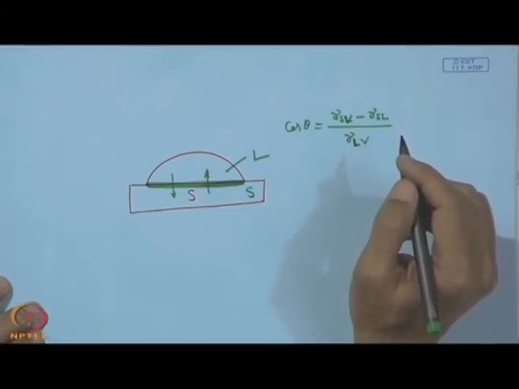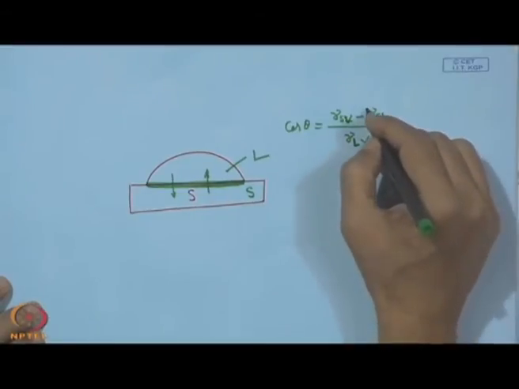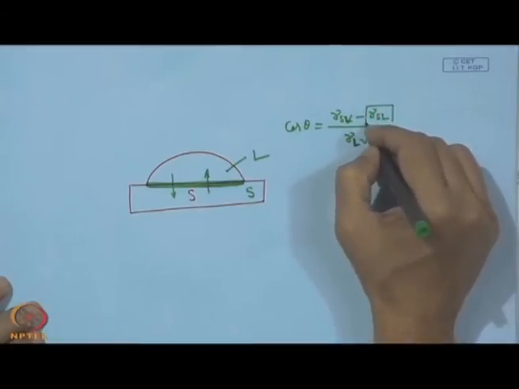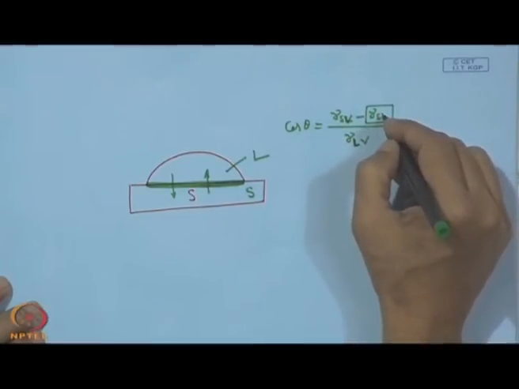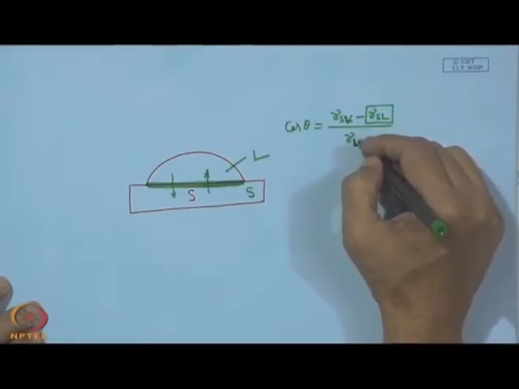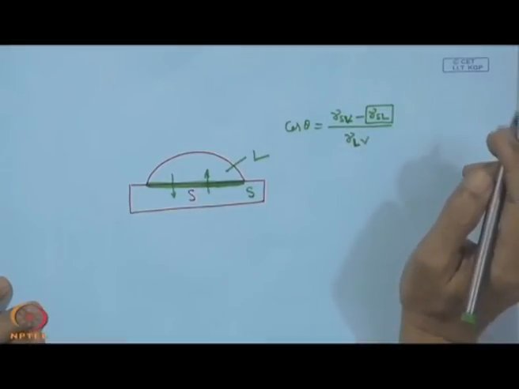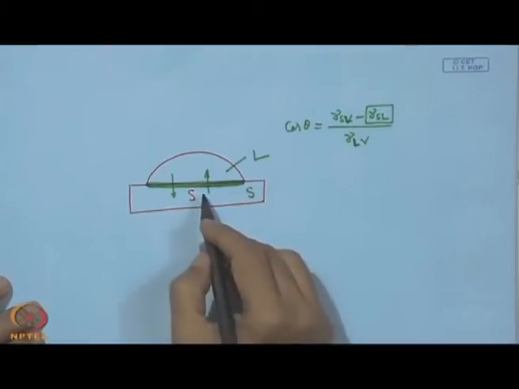Here, what is important to also consider is this gamma SL, that means the interfacial tension at this interface, and that will be affected because of this chemical reaction.